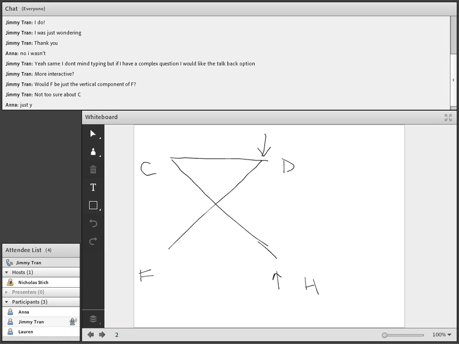And at F and C, we have reaction forces, so I'll call this Fy, and then I'll call this one Fx, and then over here we have a vertical force. We'll call this Cy, and we'll call the other one Cx.